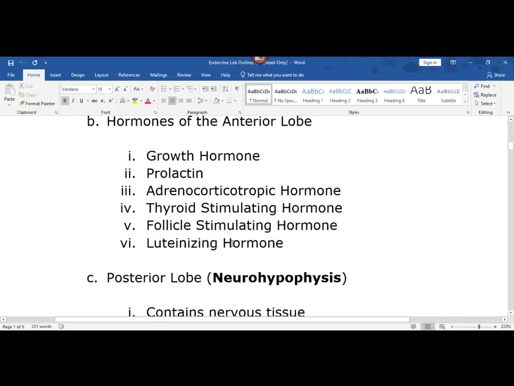And these last two are called gonadotropins. They are follicle stimulating hormone and luteinizing hormone. Those are reproductive hormones. We're going to go over those in lecture. In lab, you'll have to know an example of a hormone, not the function, but an example of the hormone produced by the lobe.